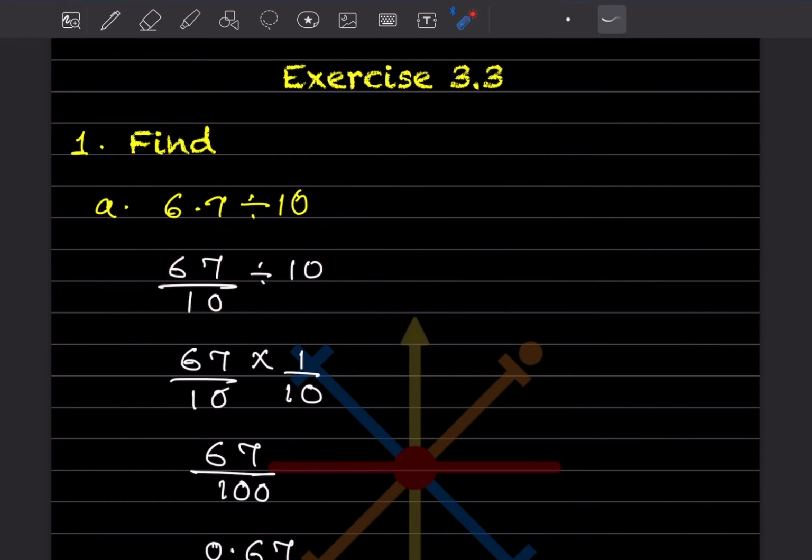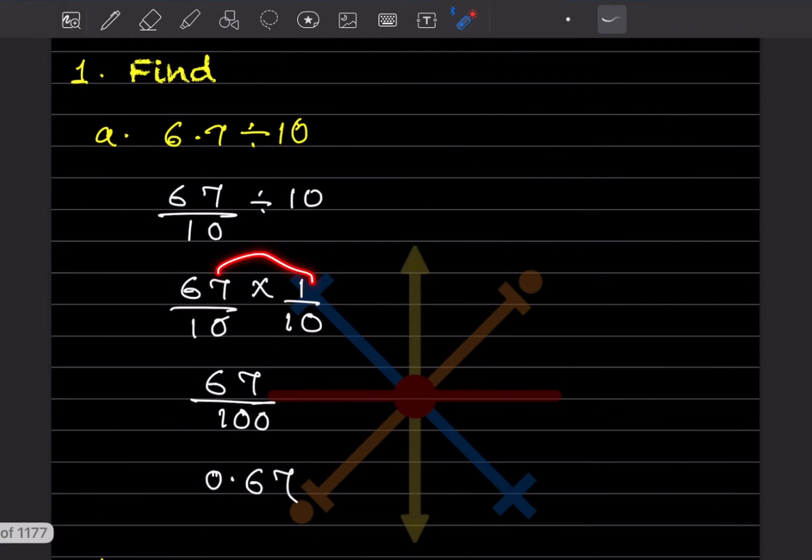The left side we keep the same. This will be multiplied, so this will be 10 by 1, the reciprocal of it, that will be 1 by 10. So now 67 multiplied by this will be 10 into 10, that will be 100. Because this is multiplication, even if the denominator is the same, we have to multiply it.